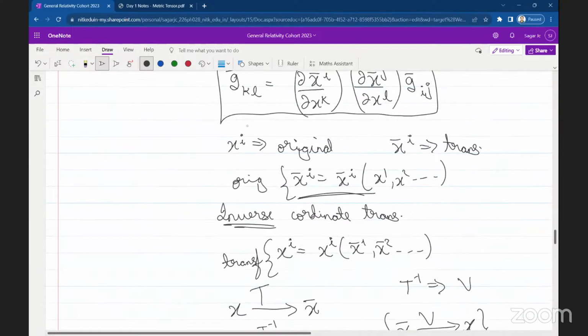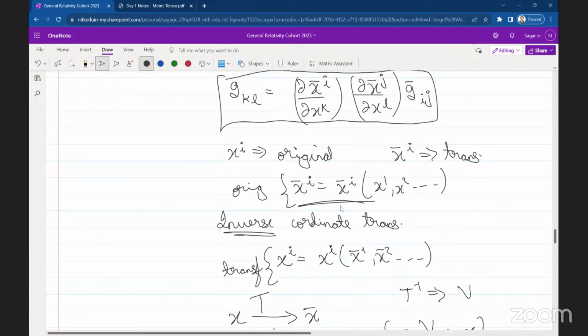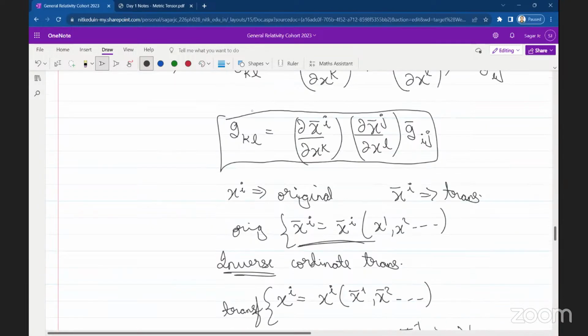Why can I do that? Because of the explanation that I just gave. So if I do that, what will happen? A bar comes here, no bar here, and so on. I just change the bar and non-bar coordinates. So now, is this expression familiar?